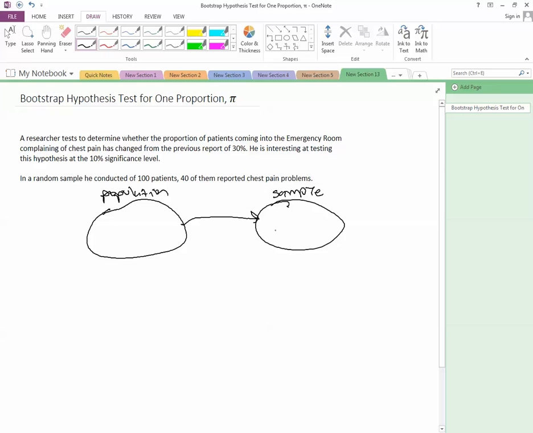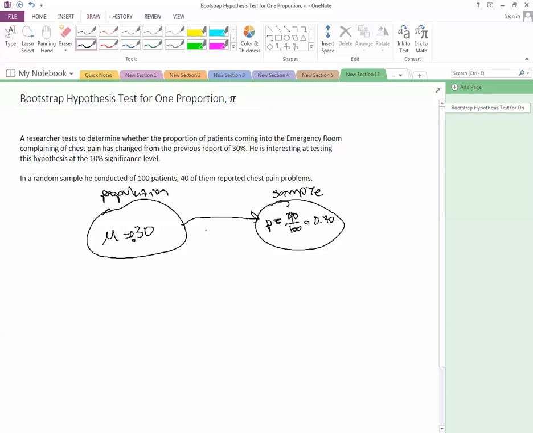So in this case, what we would call p is the proportion of people in our sample with a certain characteristic. We have 40 out of 100, which is equal to 0.40, or 40% of the patients in the sample reported having chest pains.